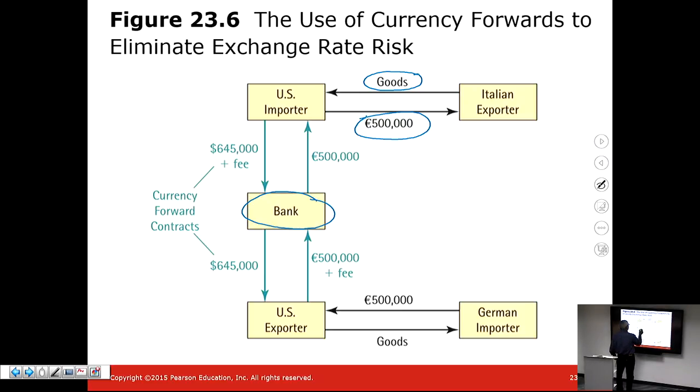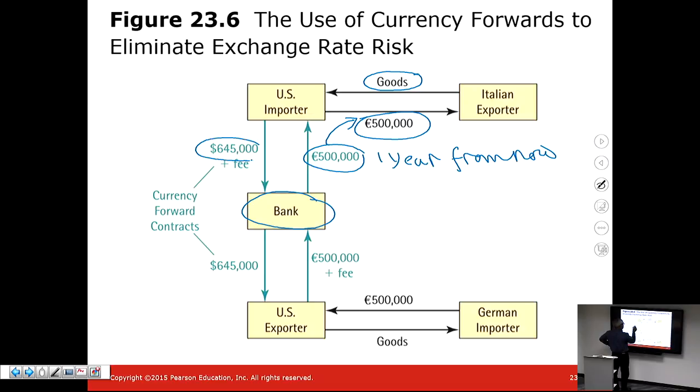The US importer goes to the bank and agrees to buy the 500,000 euros 1 year from now, and they will then use that money to pay the Italian company. In exchange, the US importer will pay, because they're being transacted at 129 per euro, $645,000 plus a fee.